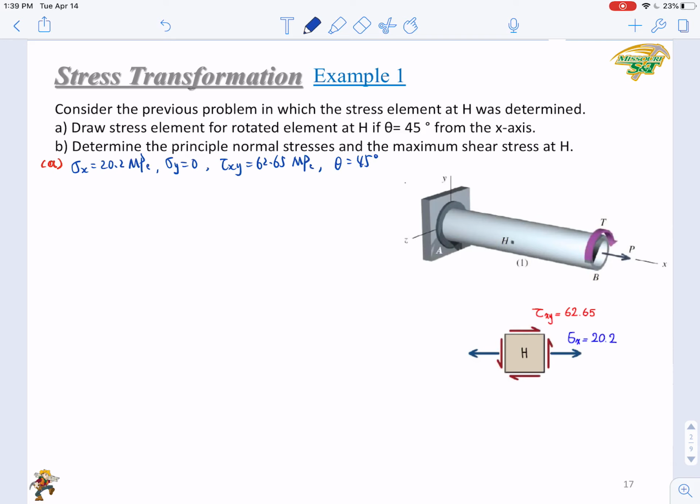Then, based on the 3 big equations, we can calculate sigma n. Sigma n equals sigma x plus sigma y over 2, plus sigma x minus sigma y over 2 cosine 2 theta, plus tau xy sine 2 theta, and 2 theta equals 90 degrees.